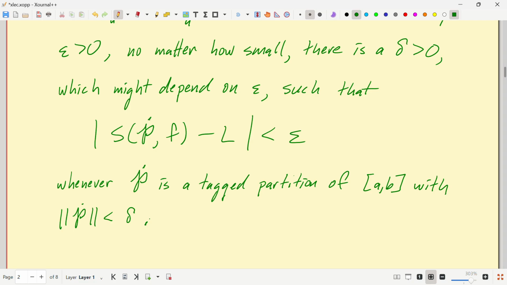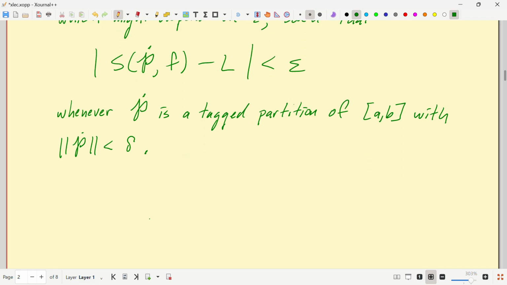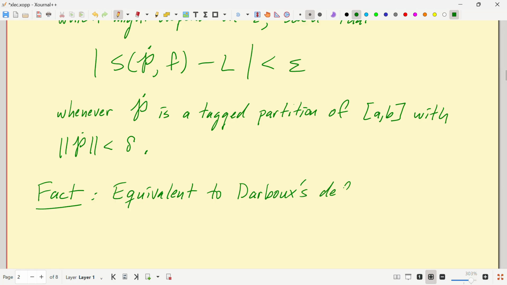And it's a fact that this is exactly the same as the Darboux integral definition. So fact: equivalent to Darboux's definition in section 7.4 that I started with.